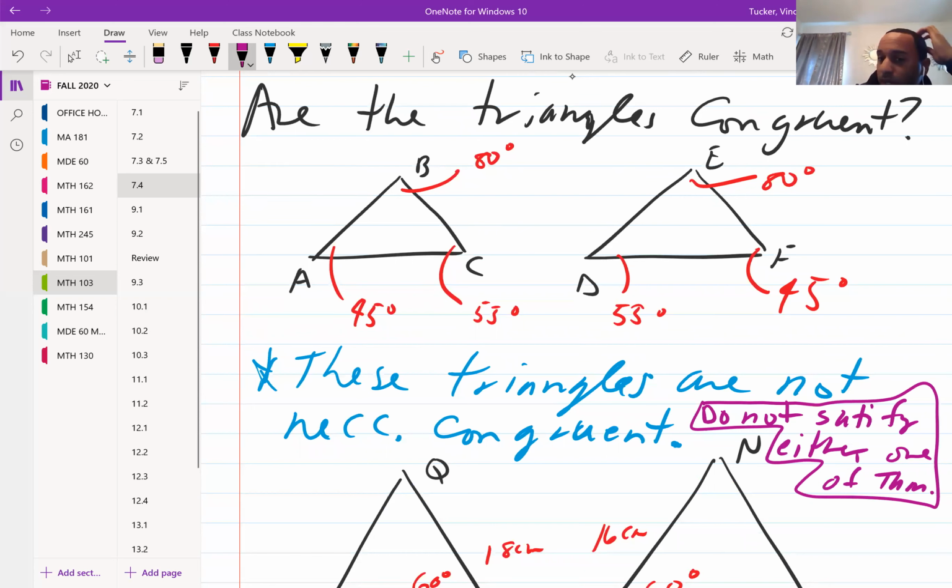So they do not satisfy either one of the theorems. All right, any questions on that first one?